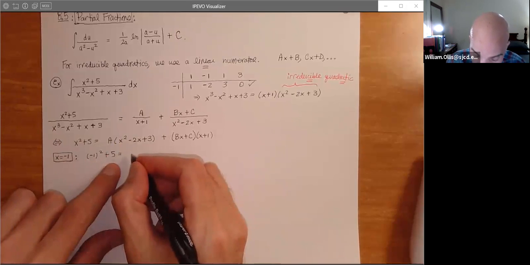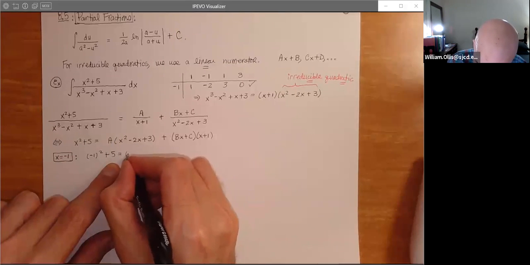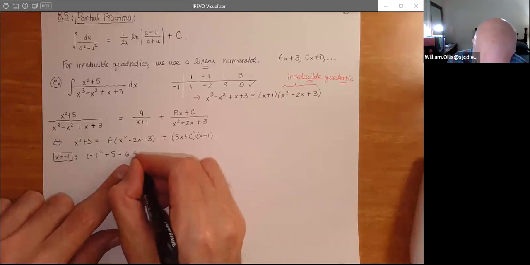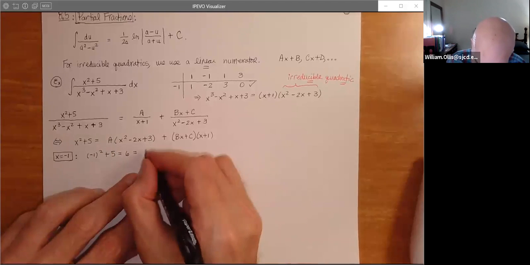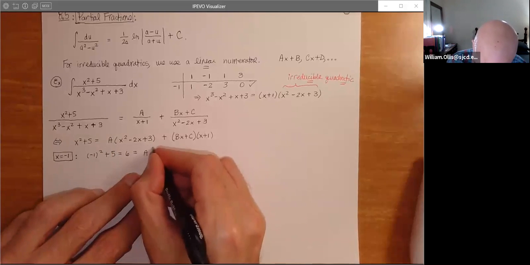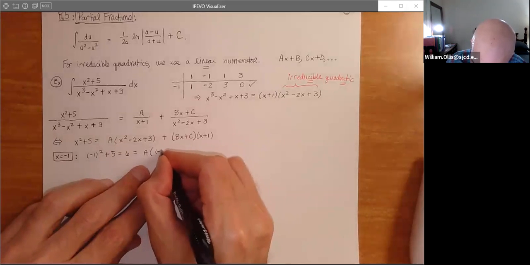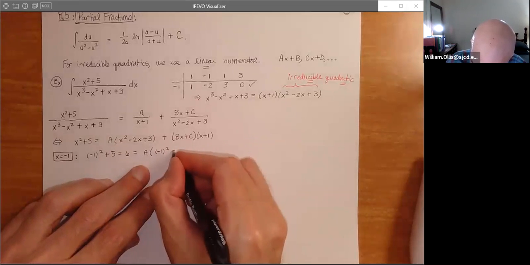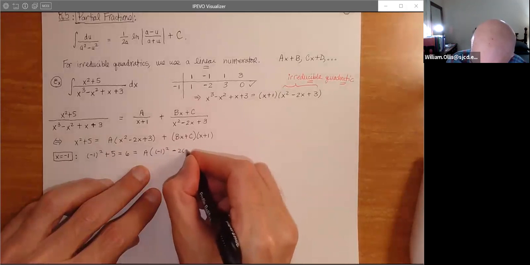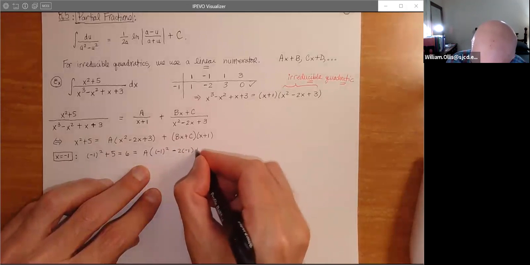So this will be a 1 plus a 5, which is a 6. And then, of course, here we have the a. And then we have what, -1 squared minus 2 times the -1 plus a 3.